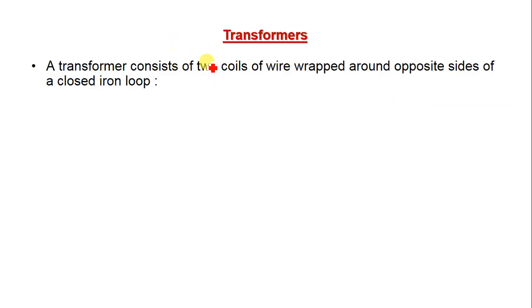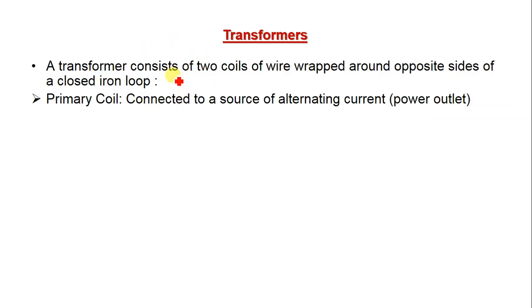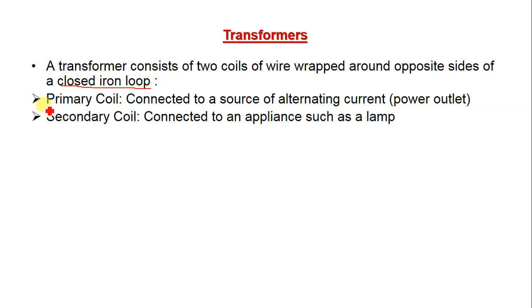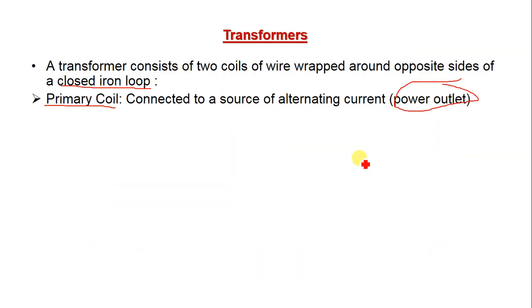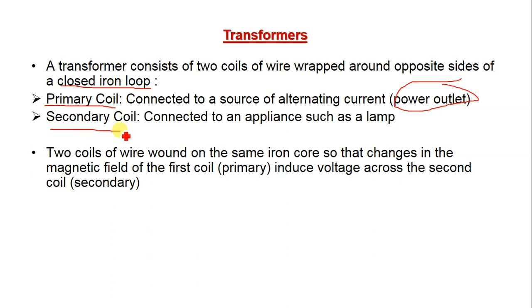So a transformer, as we said earlier, consists of 2 coils of wire wrapped around opposite sides of a closed iron loop. The primary coil, how do we define it? It is the one connected to the current, to the source. The source here, we said, is the power outlet. The secondary coil is the one connected to the appliance, such as a lamp.